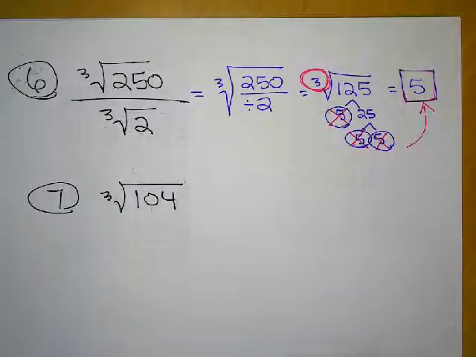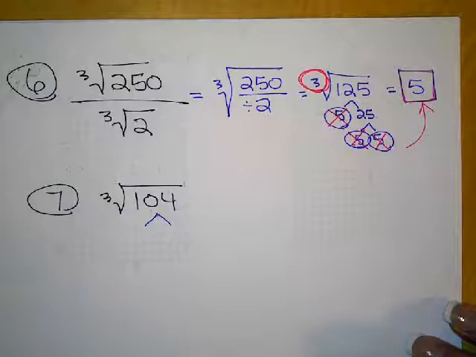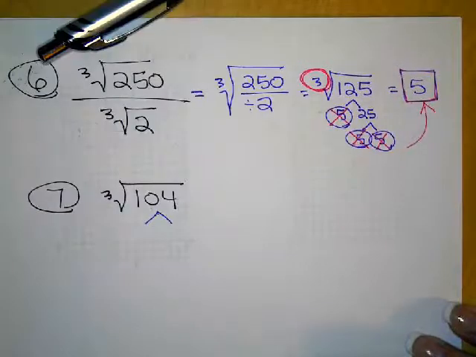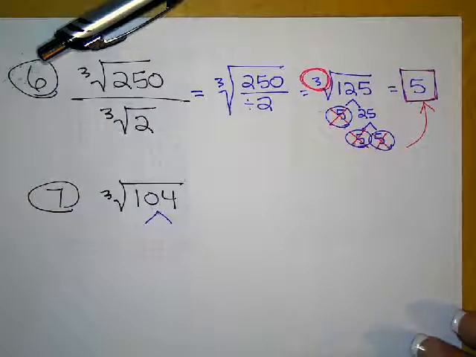So breaking it down, what goes into 104? What number do we want to use? Don't everybody speak at once. 2, 4, 6, 8, 3. What do we want to try? 2. Sounds good.